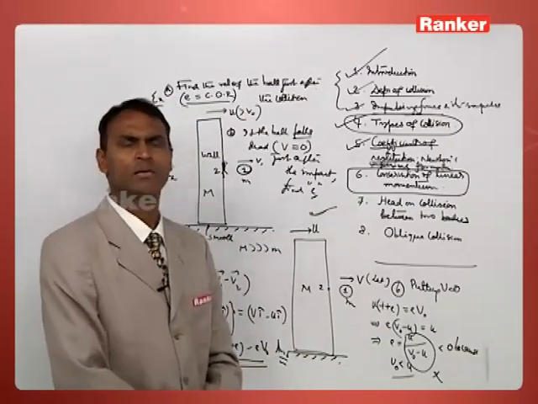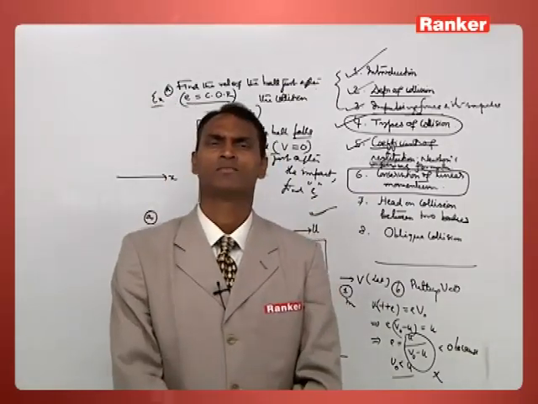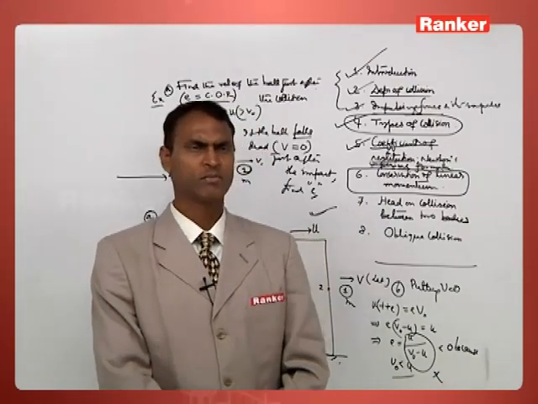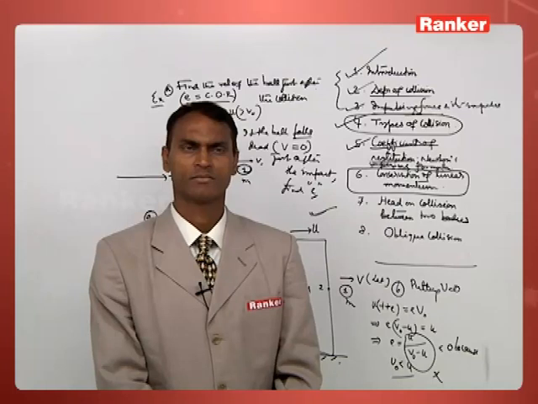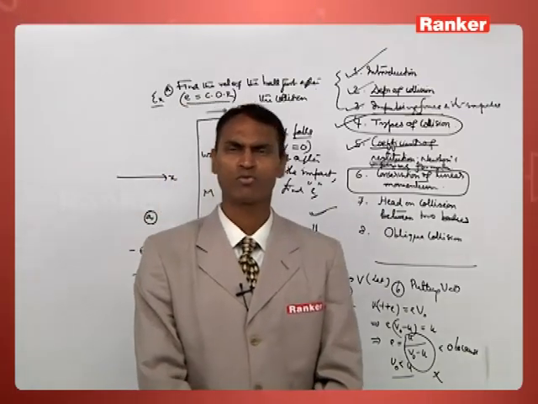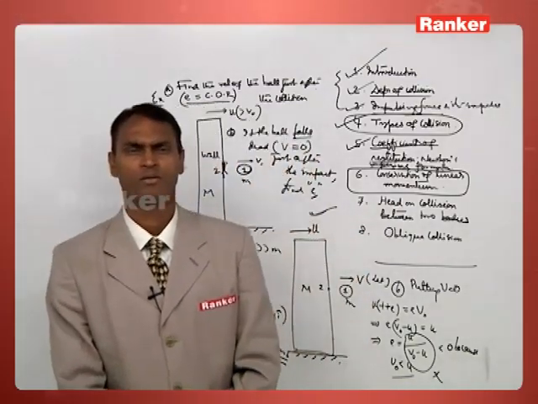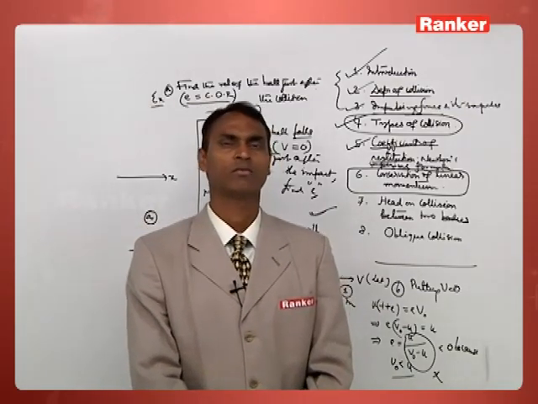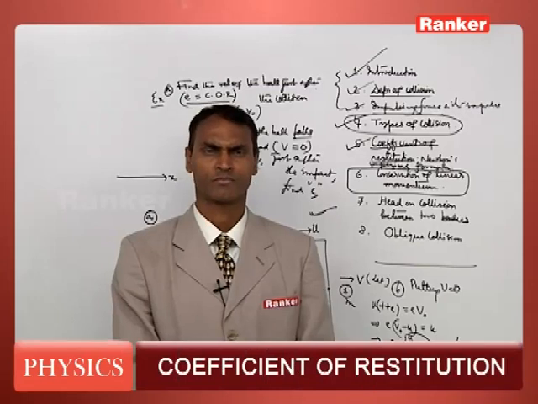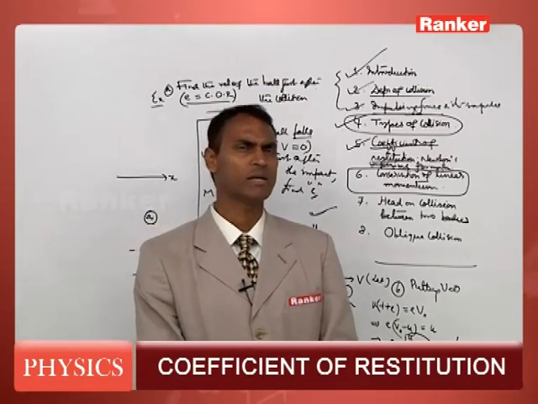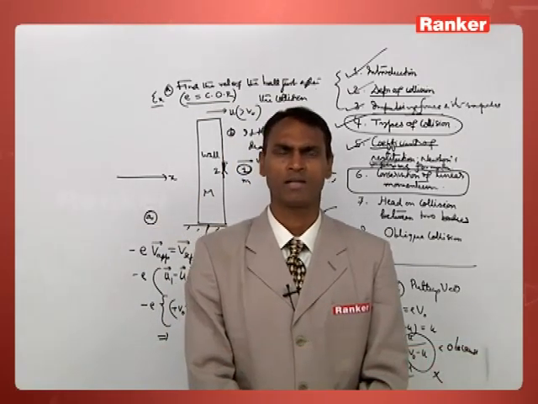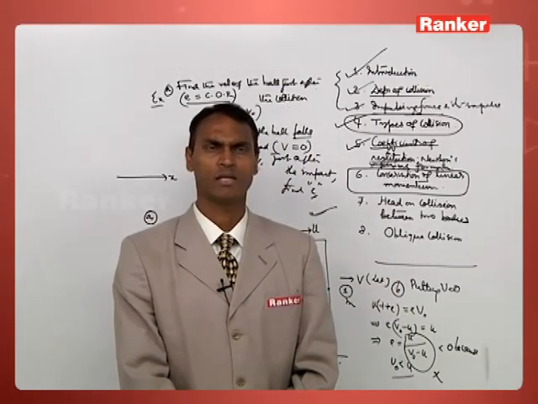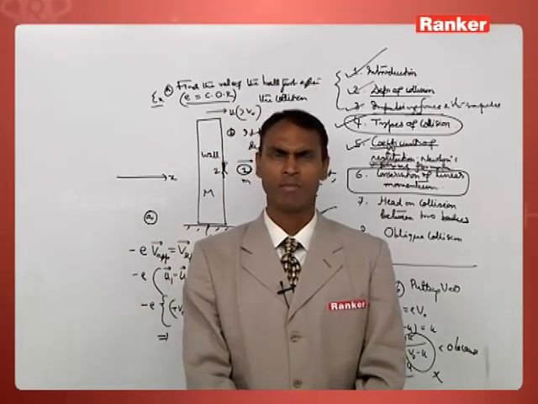Whenever no force acts from outside on a system of particles, or the net external force acting on the system of particles is 0, we can conserve the linear momentum of the system of particles. That is what we know as conservation of linear momentum.